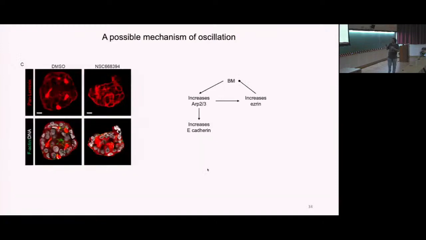And one of the candidate reasons why we may think this is happening is because while the basement membrane increases ARP2/3, which increases the coherent localization and also increases the localization of ezrin, which brings the actin to that process, we see for reasons that we are not able to understand that the inhibition of ezrin further increases the basement membrane localization. In other words, there may be an inhibitory loop here where ezrin seems to delocalize or decrease the localization of basement membrane onto the surface of these spheroids.